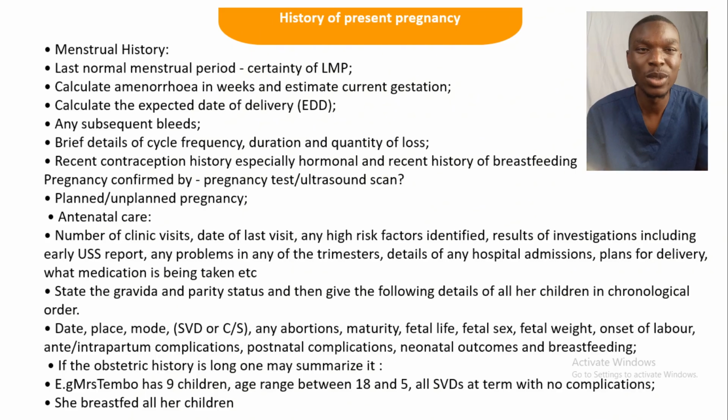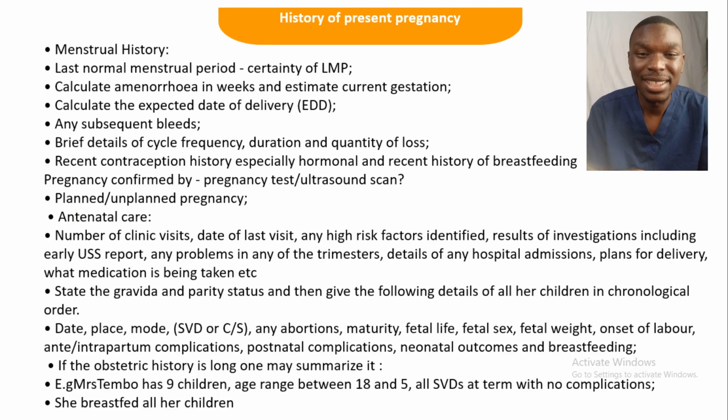So the first thing to look at is the menstrual history. You ask the patient, how are your menses? Are they regular? Do they come on the same day as the previous month? Do they stay for the same period of time? If it's 1 week, the other month it was also 1 week. If it's 4 days, the other month it was also 4 days.